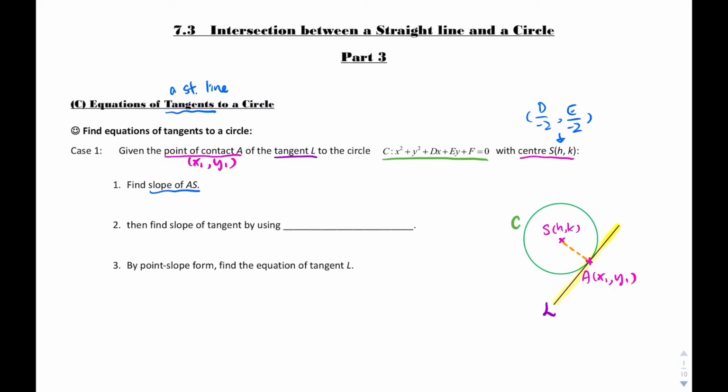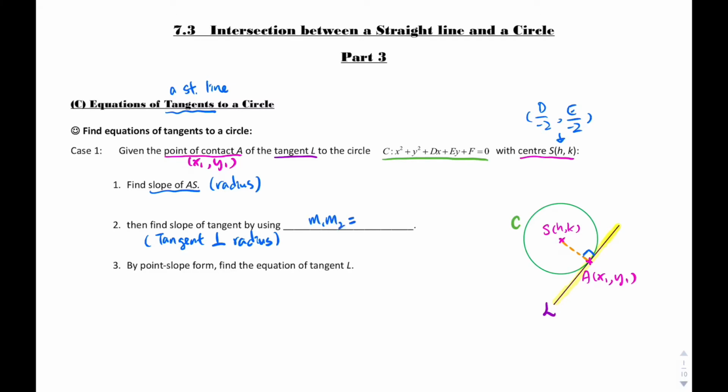And then we can also find the slope of the tangent because we have tangent perpendicular to radius. So the two straight lines, L and the radius AS, are perpendicular to each other. So you can find the slope of the tangent after finding the slope of the radius AS.